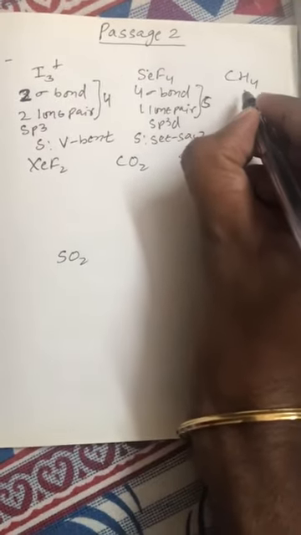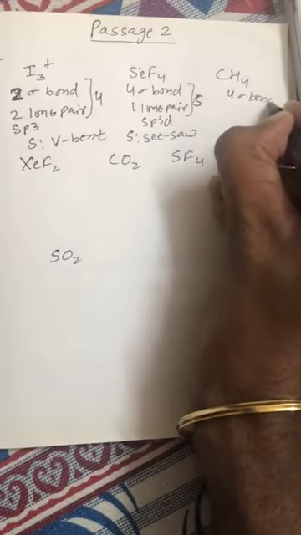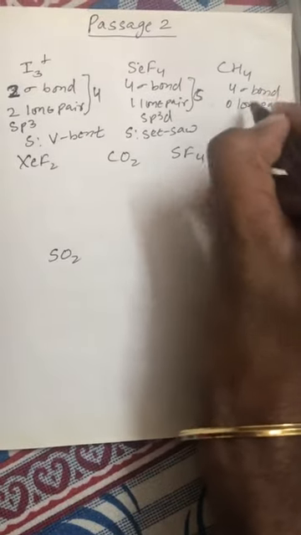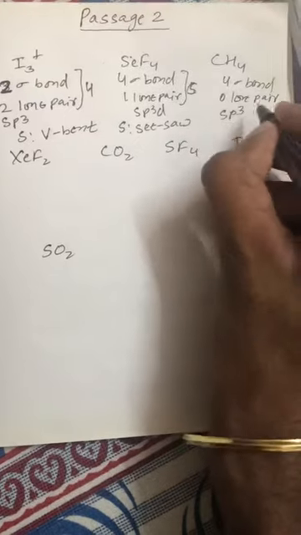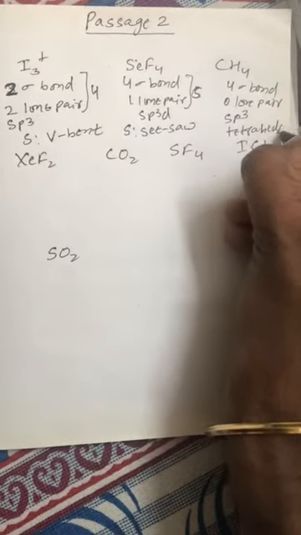In the case of CH4, we have 4 sigma bond and 0 lone pair means 4 hybrid orbital, that is sp3 hybridization, and it is tetrahedral because of 0 lone pair.